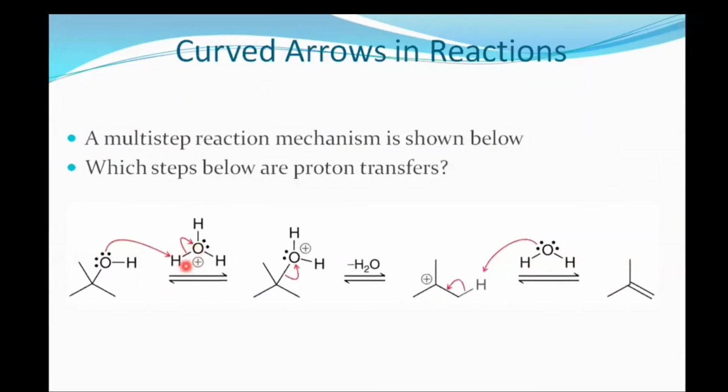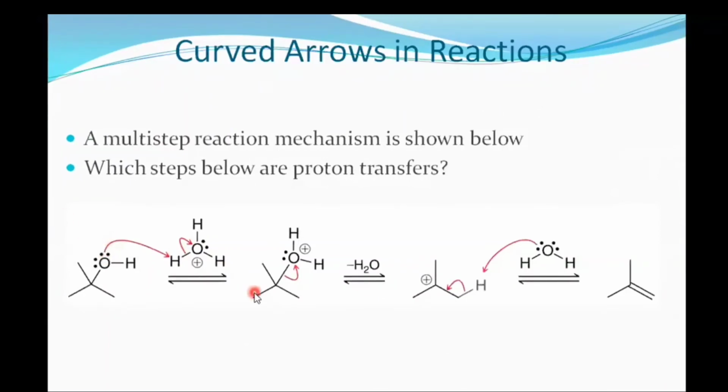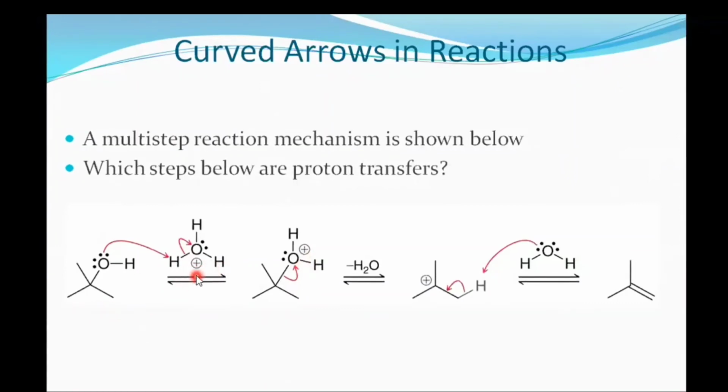When these electrons move to this oxygen, this positive charge will be removed and water will be released in its normal way. And this oxygen, by accepting a proton, will now make three bonds and has a positive charge on it. So as it is accepting a proton, it is a base, and as it is donating a proton, it is an acid.